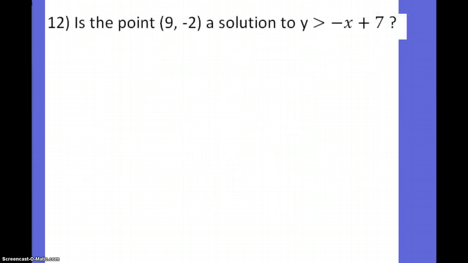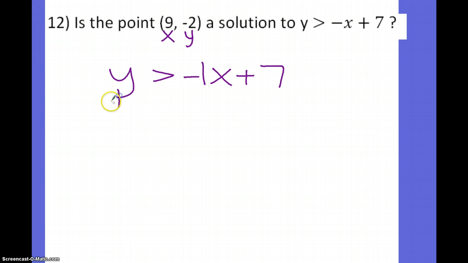Skipped one. Okay, 12. Is the point 9, negative 2 a solution to y is greater than negative x plus 7? Could we graph this and see if that point is in the shaded region? Yes, but it is actually easier to just plug in x, plug in y. So y is greater than negative x, or negative 1x plus 7.